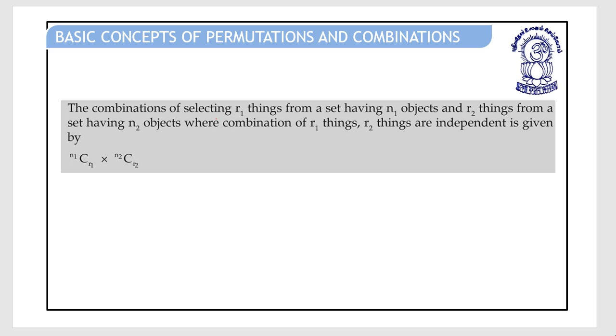The combinations of selecting r1 things from a set having n1 objects and r2 things from a set having n2 objects, where the combinations of r1 things and r2 things are independent, is given by n1Cr1 into n2Cr2. Independent. Here you have to remember this word independent. Both combinations are independent. At that time you have to use n1Cr1 into n2Cr2.